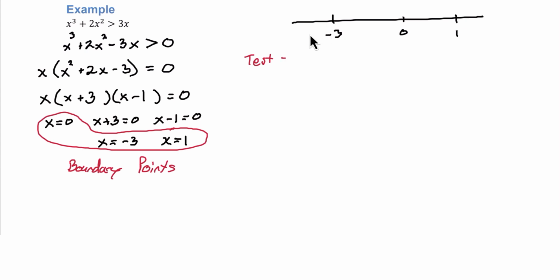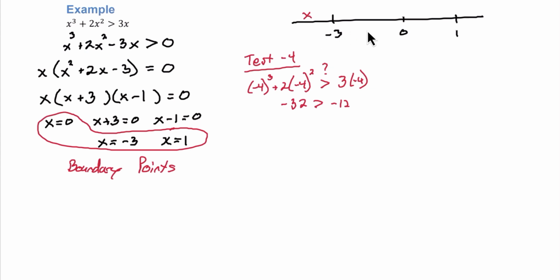Let's say we test -4. -4 cubed plus 2 times -4 squared. We're asking, is that greater than 3 times -4? Here we get -32 is greater than -12. That is a false statement, so we do not want to keep that interval. Make a note that that one is false.